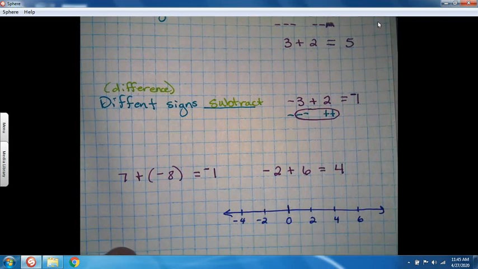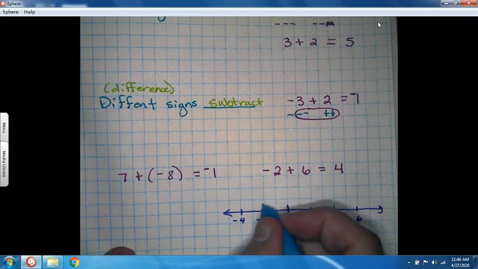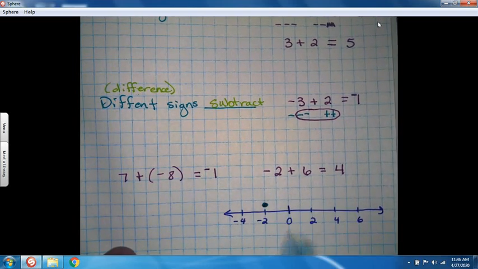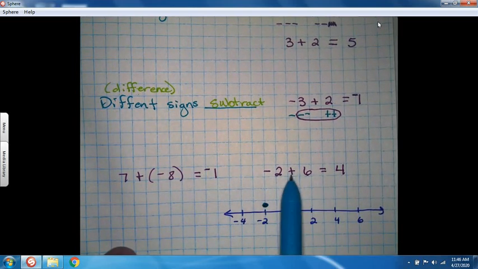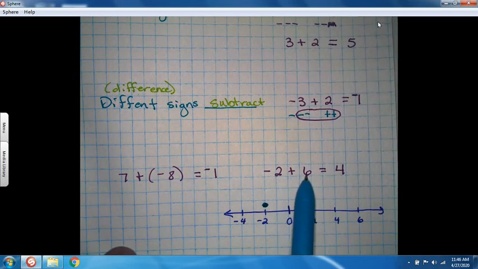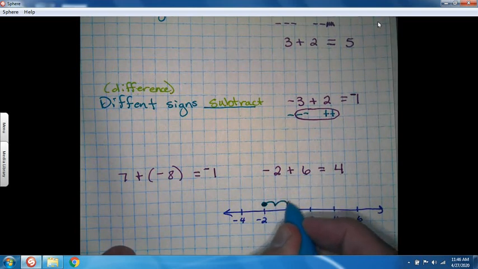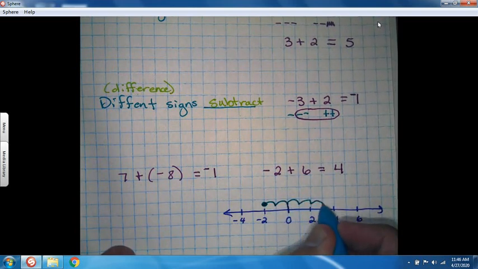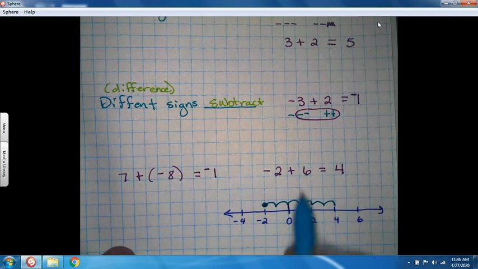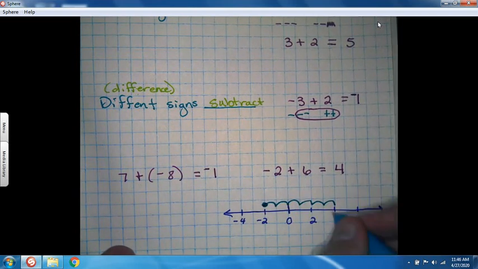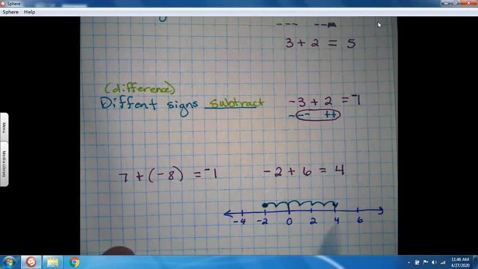So you start at negative 2, so put a dot there. And you go 6 units to the right. So 1, 2, 3, 4, 5, 6. Why do we go to the right? Because it's a positive 6. And where do we end up? We end up at 4.